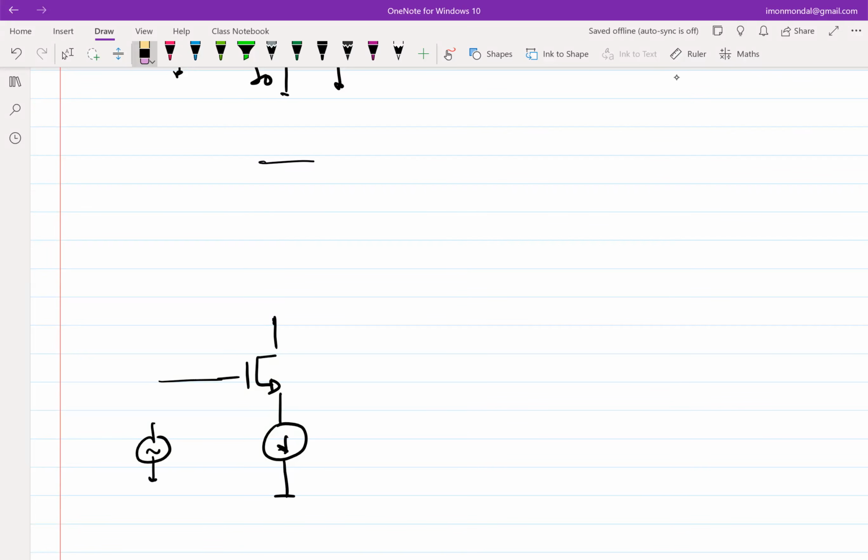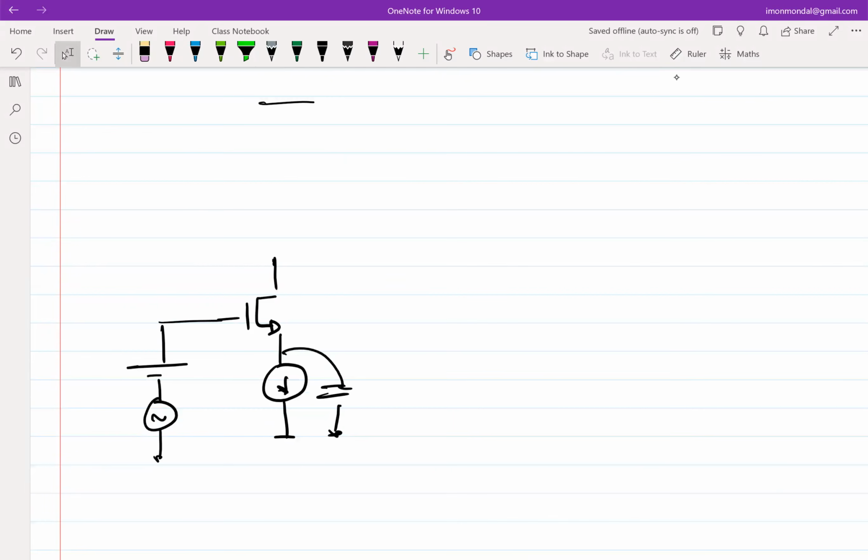The eraser is not working. Okay, and if we consider the incremental model, in the incremental sense, this is what? In the incremental sense, this is grounded and this is Vi.